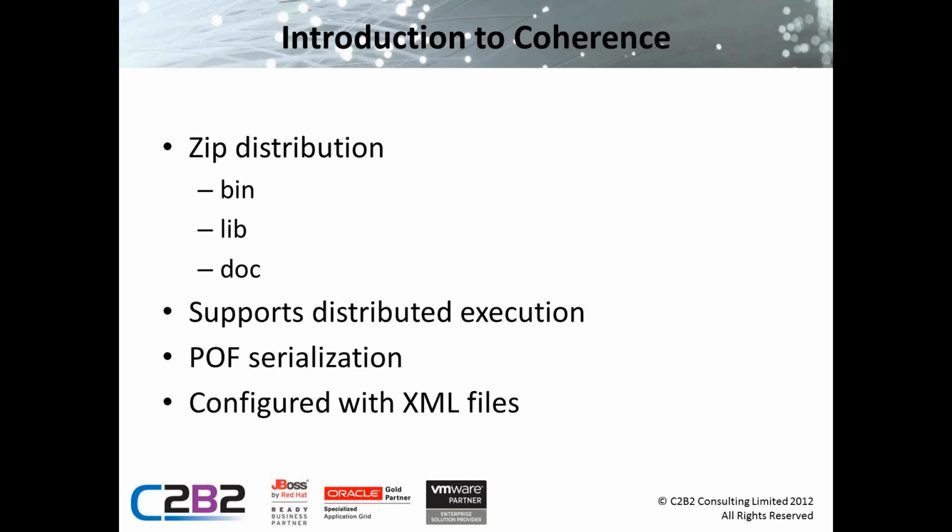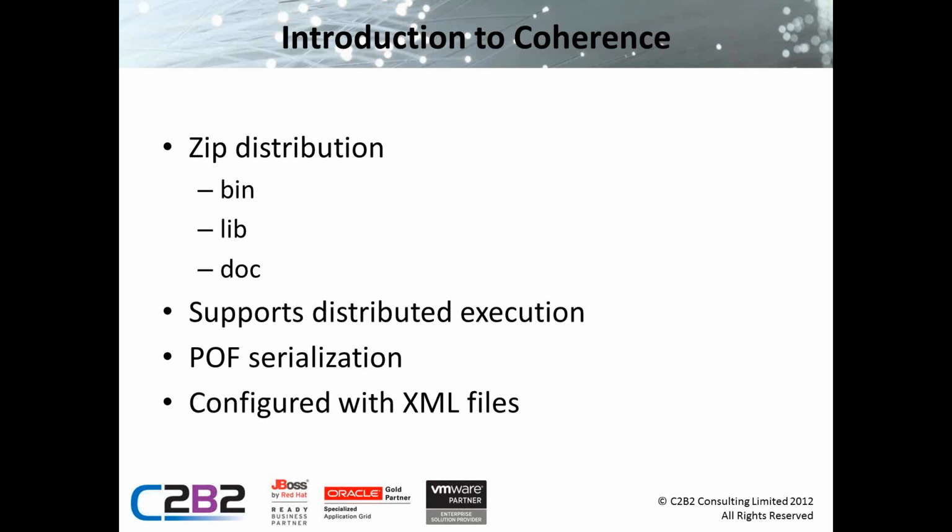So firstly, we're going to look at just a bit of an overview of Coherence. To start with, the installation of Coherence is just a zip distribution, which you can get from the Oracle website. It's a free download for developer use.